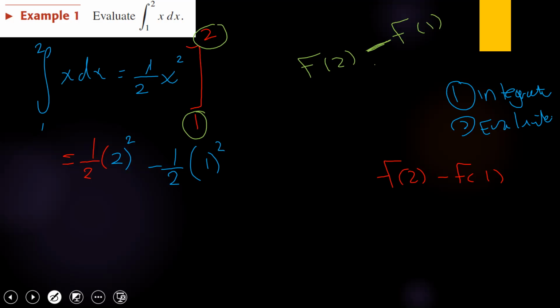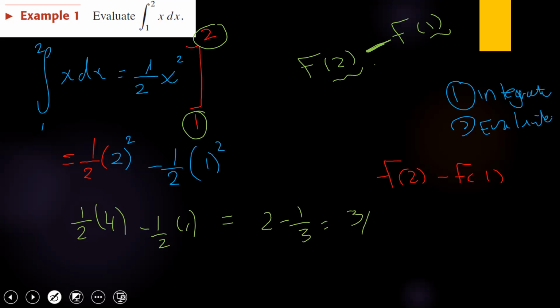It will be minus, not plus, f of the greatest minus f of the lowest. So it will be half 2 squared minus half 1 squared. Half times 4 minus half times 1. So 2 minus half, which is 3 over 2. So the integration from 1 to 2 of x dx will be 3 over 2.